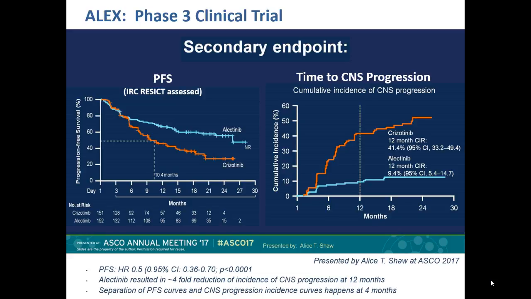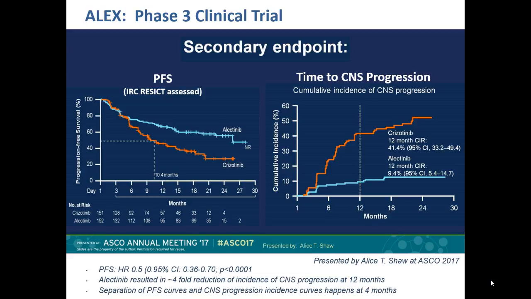He's right now on Alectinib, and all these years he's been playing golf, working, taking care of his child, so it's been great. But he's lucky we were able to control his brain metastasis in a good way. Usually the problem is someone comes in with ALK positive disease, not yet brain metastasis, but then they develop brain metastasis even on Crizotinib, because Crizotinib has very poor penetrance to the brain.